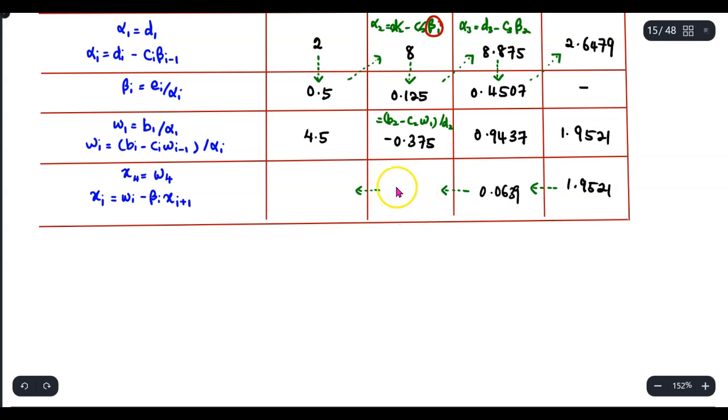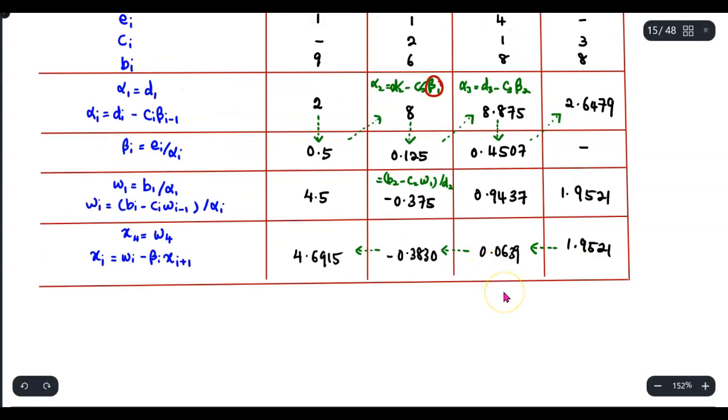So for x2 here, the formula is w2 minus beta 2 times x3. So we put the x3 here. All right, so we have negative 0.3830. And for x1, you're supposed to get 4.6915.